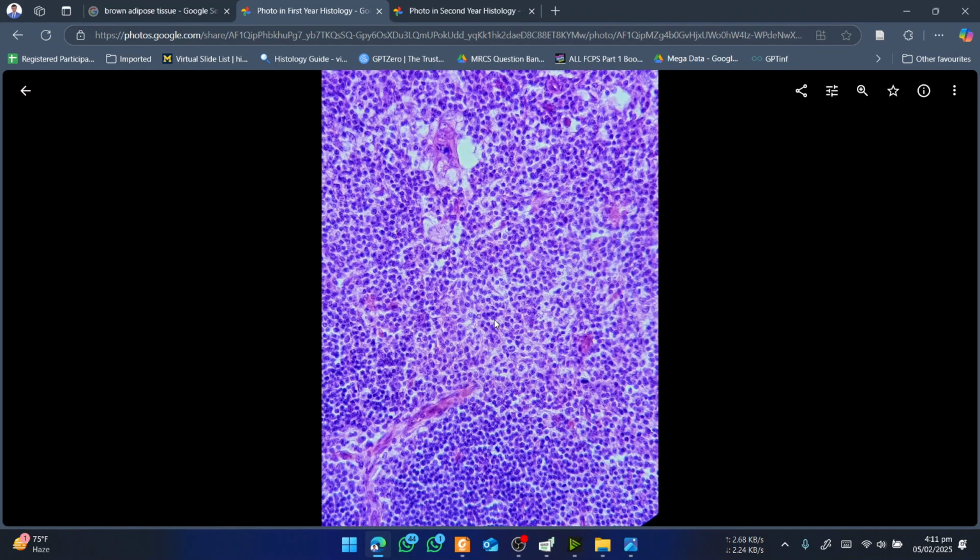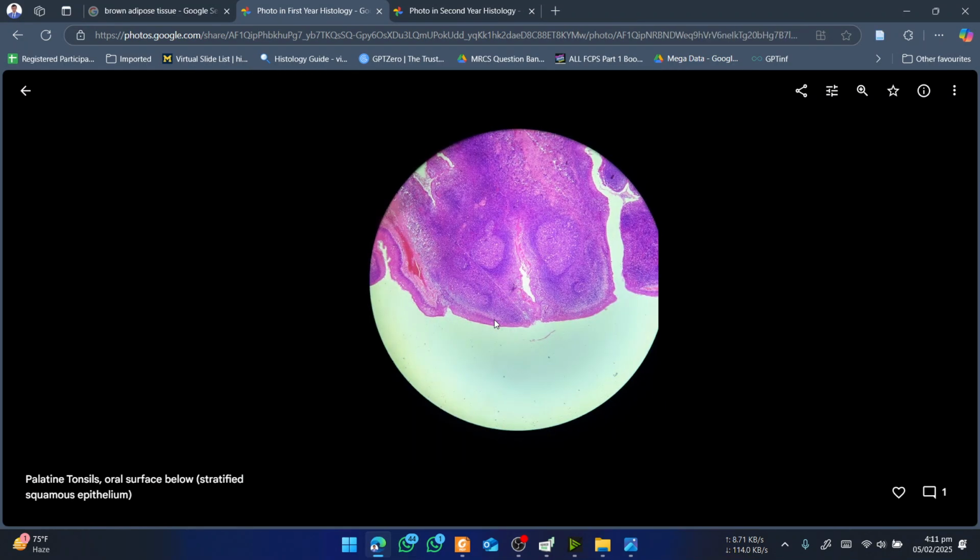So this is thymus, and last but not the least, that is palatine tonsil. That is part of mucosa associated lymphoid tissue, MALT, and that contains lymphoid nodules. So they may get confused with the lymph nodes too, but unlike lymph node, there is no capsule.